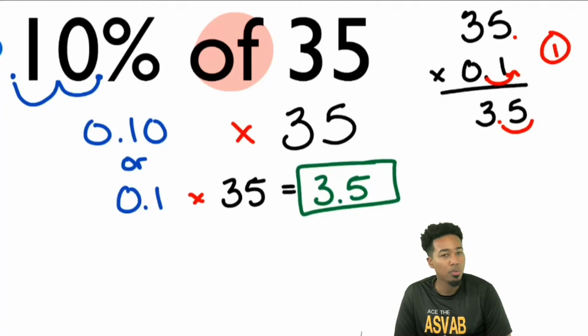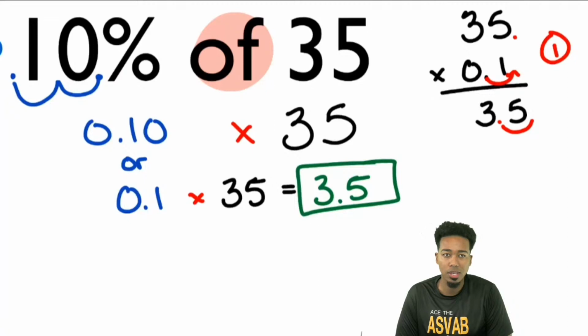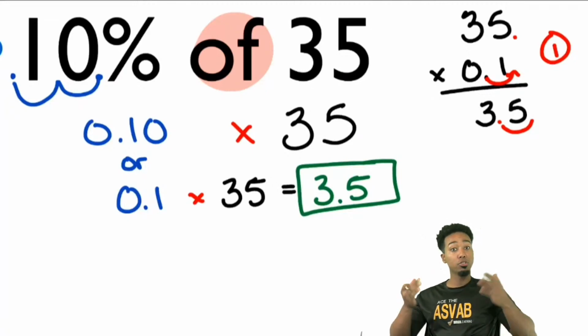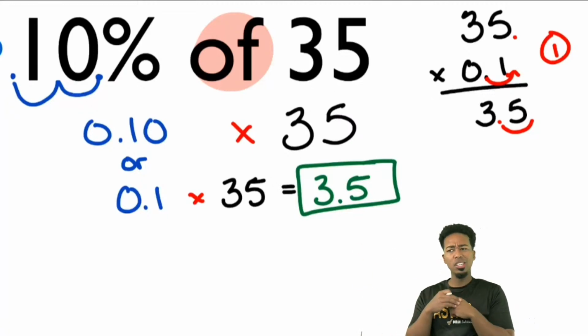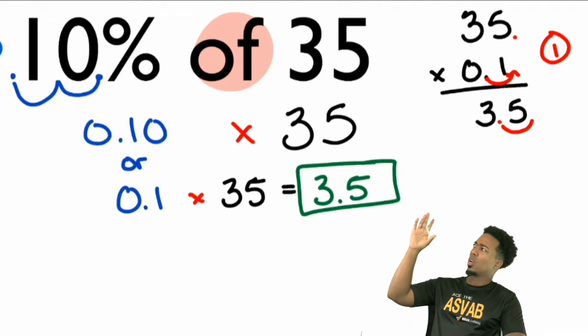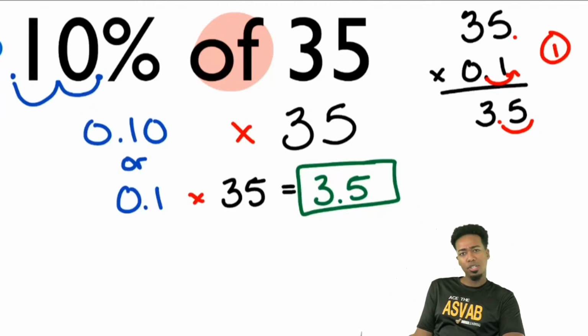Now, one thing I want to point out here is this, everybody. When you're looking forward, if I'm trying to look at 10% in terms of comparing it to 100%, how do you go from 100% down to 10% with multiplication or division? Like, what do I do to 100 to get down to 10%?